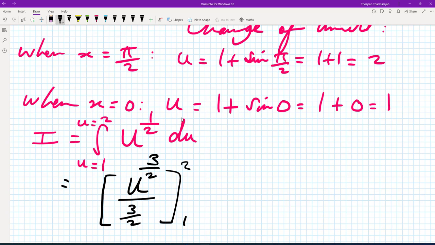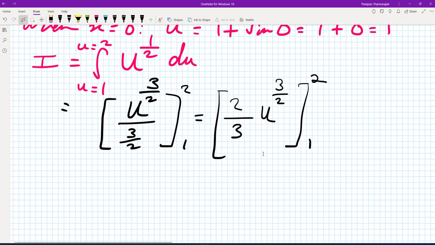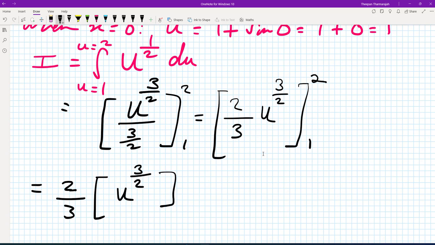That works out to be 2/3 u to the power 3 over 2, between 2 and 1. Then we can evaluate that, taking the constant out.